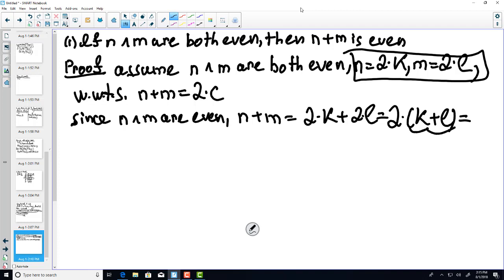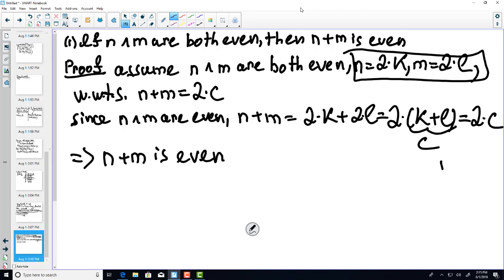So if we denote this as c, we have 2 times c, and we are done. From here it follows that n plus m is even, and we are done.